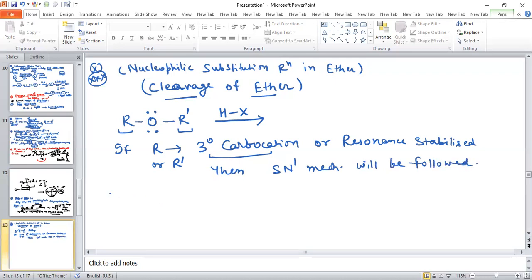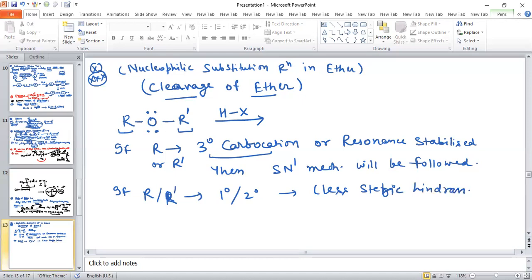But if R or R dash is 1 degree or 2 degree, then because of less steric hindrance, the mechanism followed will be SN2.